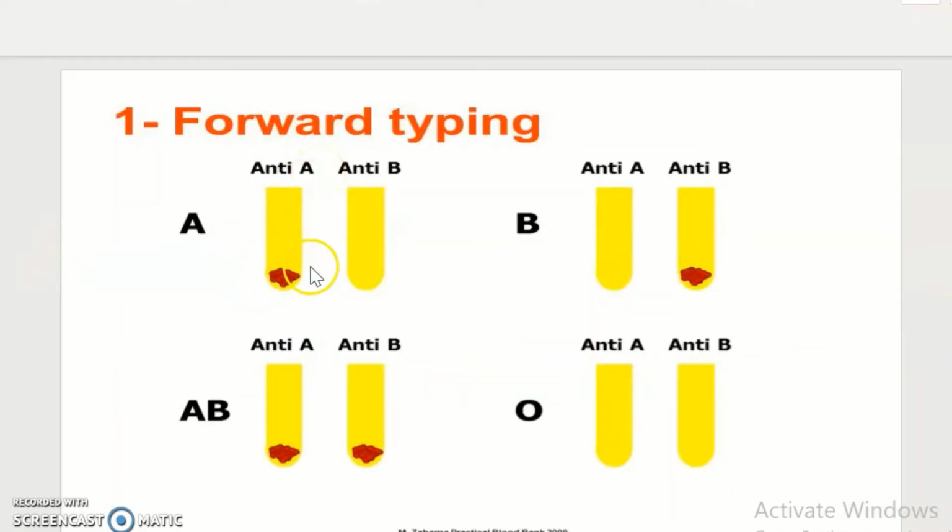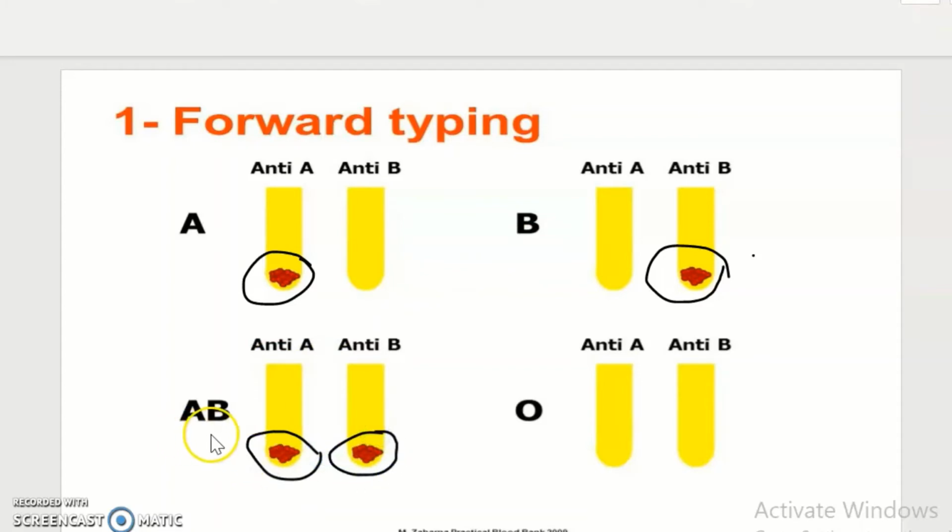If you see agglutination in the anti-A tube, it means the patient is A. And if you see agglutination in the anti-B tube, it means the patient blood group is B. And if you see agglutination in both A and B, it means the patient blood group is AB.